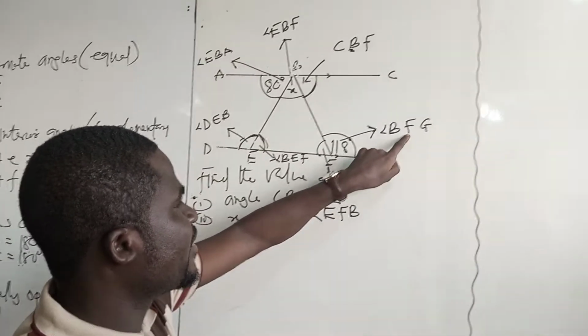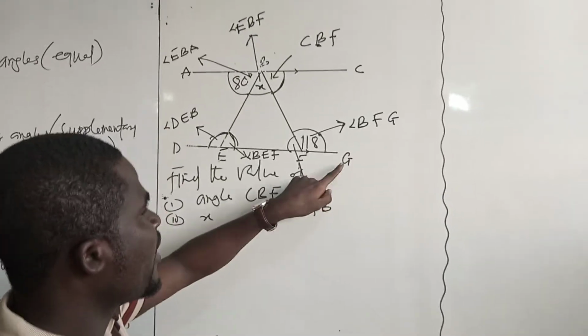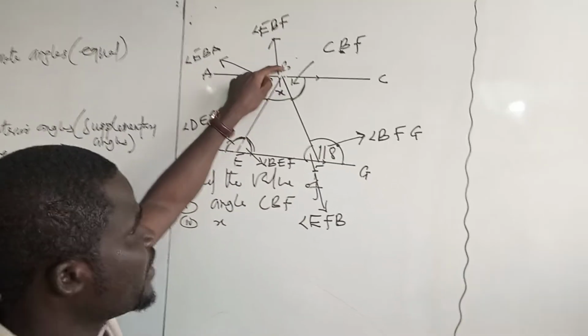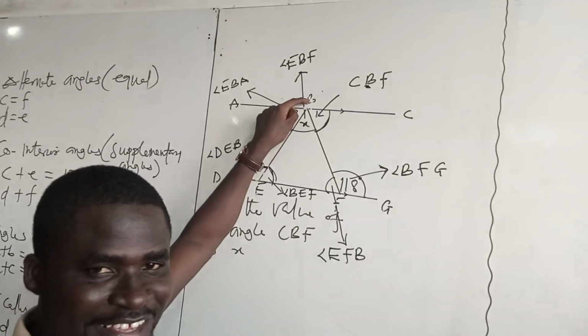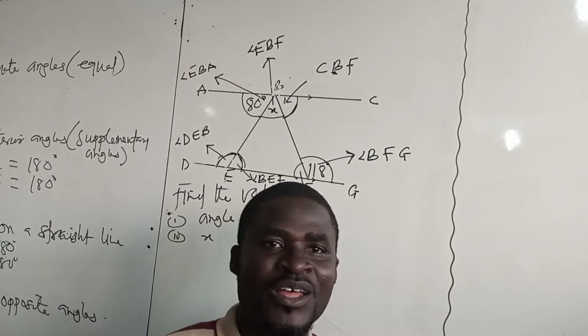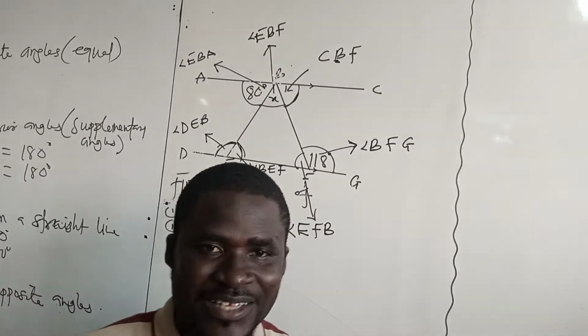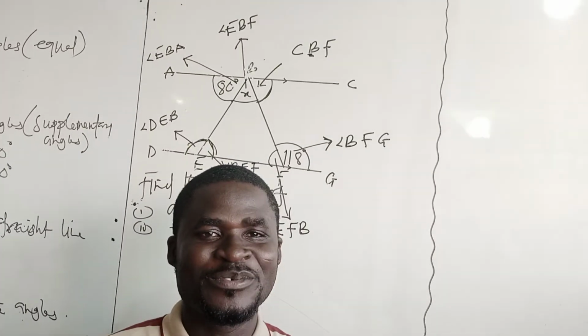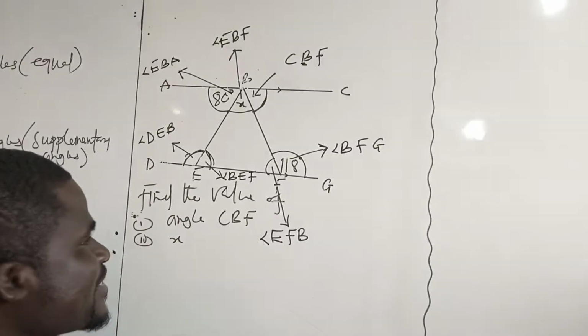The angle is in the middle, F, or FGFB. Good. Please, if you have any question on how to create the angles, please try and ask your question. I will reply to you. Now let's go to the question.